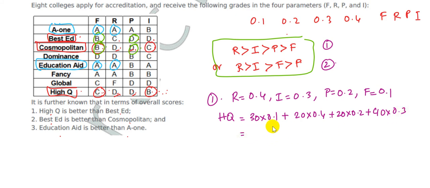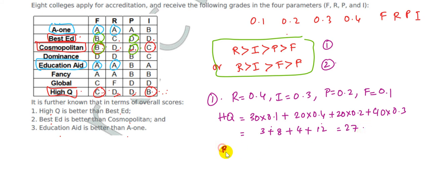So this comes out as 3 plus 8 plus 4 plus 12. So that's 27.